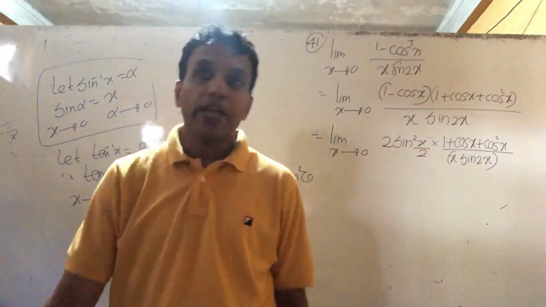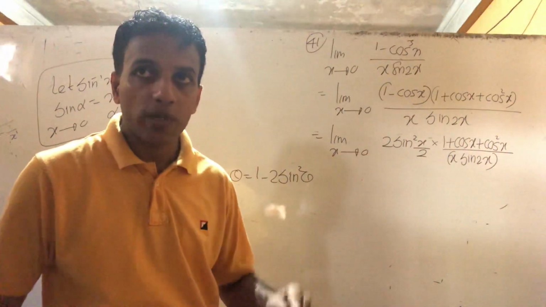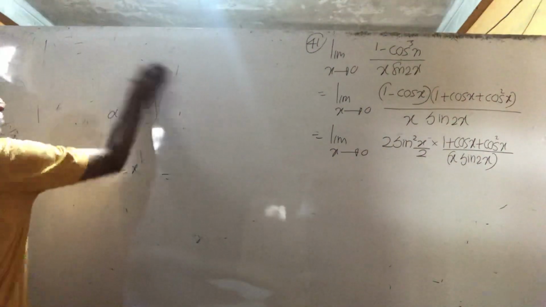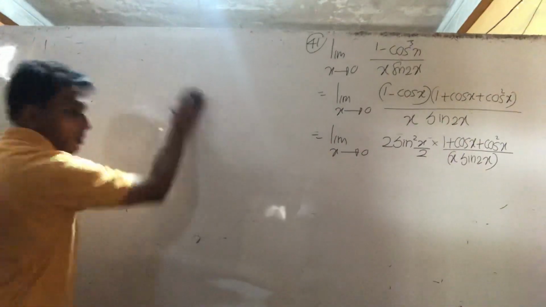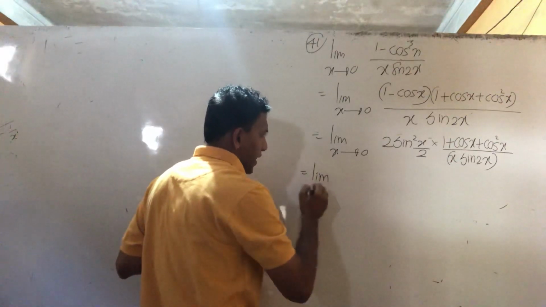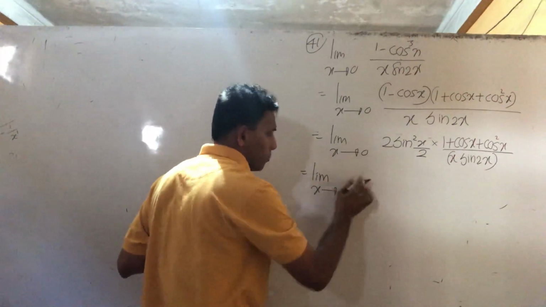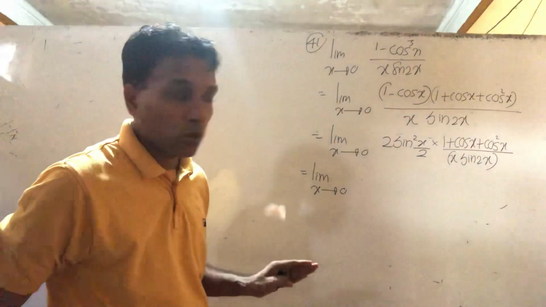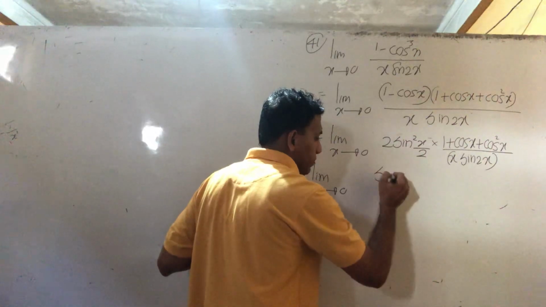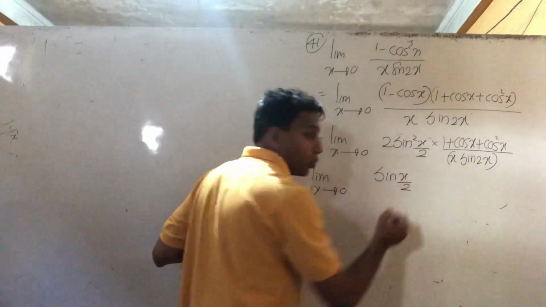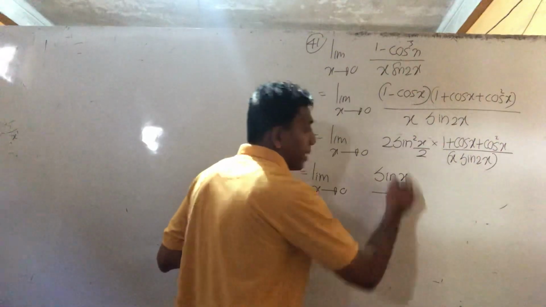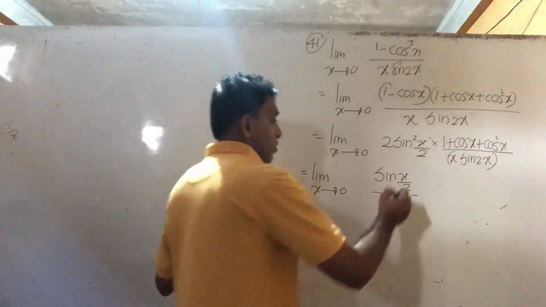Okay, now we rearrange to the general pattern, sine theta over theta form, right? So therefore, limit x approaches 0, 2 sine x by 2, then you need below x by 2, okay? But here sine square, therefore I put the square.